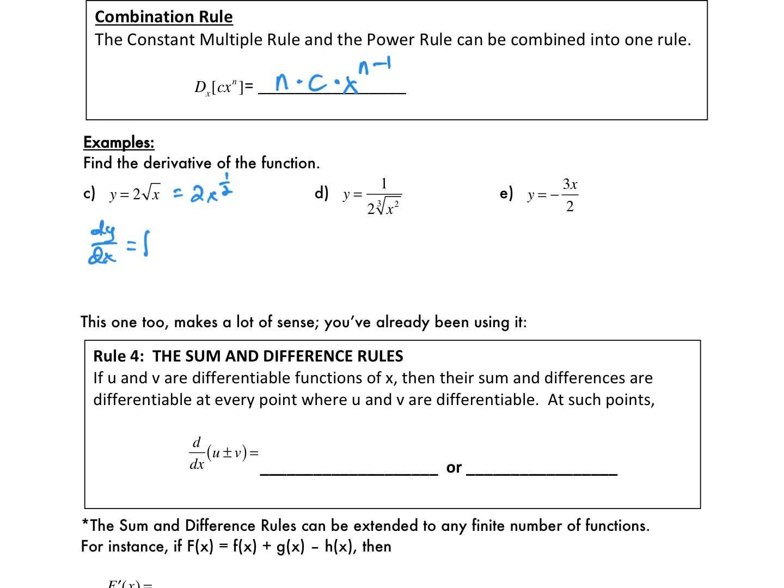And then I'm going to take that power and lower it by 1. Okay. Now lastly, we're going to put everything back together again and get rid of all the negative exponents. So I'm just going to move that downstairs: 1 over x to the 1/2, or 1 over root x, whichever you prefer as your choice.